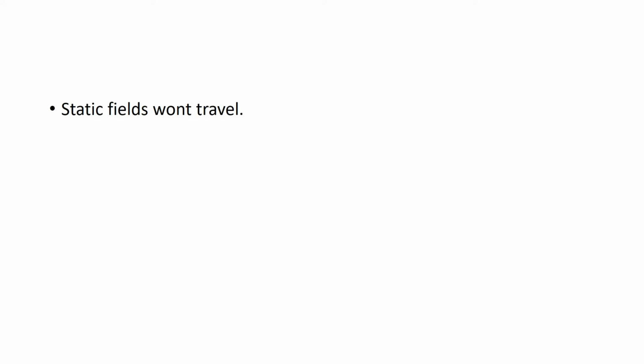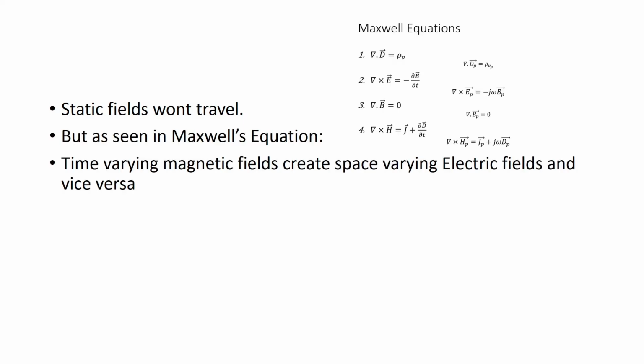Static fields won't travel. That is, if you have a static electric field, then it would be the static electric field for any time. It is just going to vary with respect to space, but it is not going to move from one point to another point. As seen in Maxwell's equations, time varying magnetic fields create space varying electric fields.